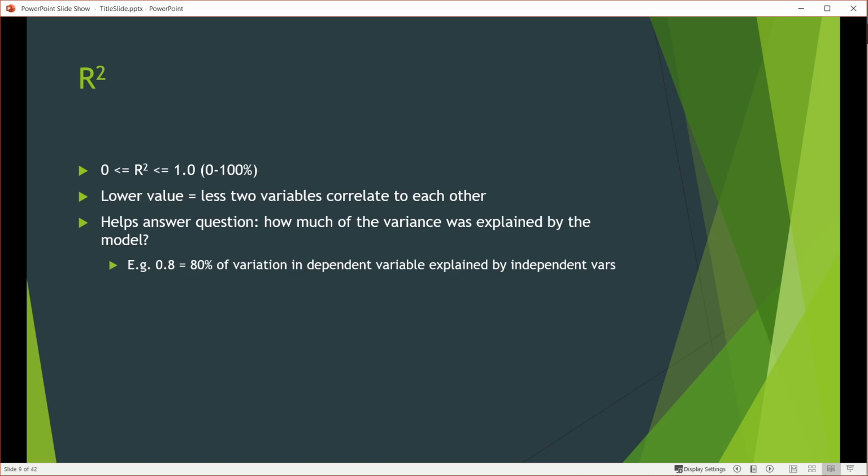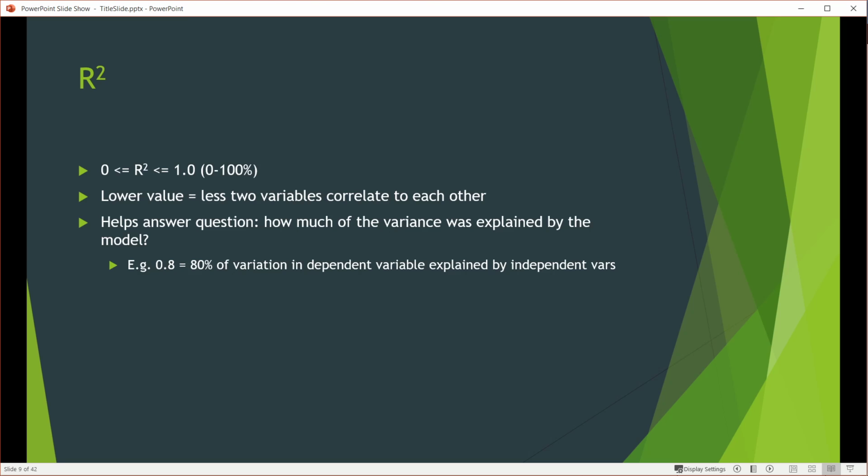So if it's 0, then the two values have no correlation with each other. 100% means how much of the variance was explained by our model. So if we have a value of 100%, then we can say 100% of our variance in the data is explained by the model. So in other words, we can say that the variation in our dependent variable is explained by our independent variables. So it explains how well our model actually describes reality.